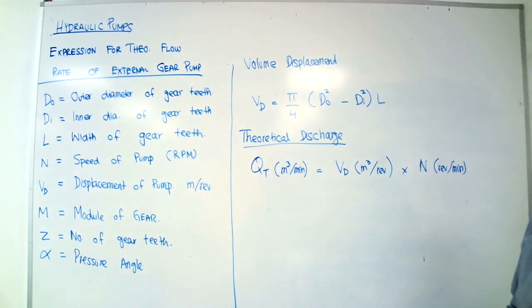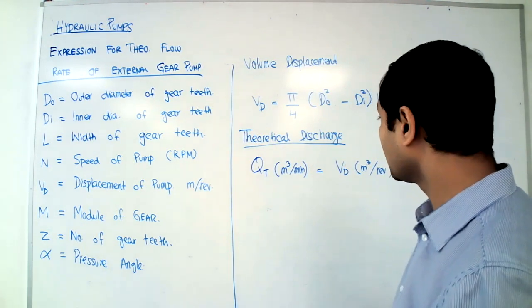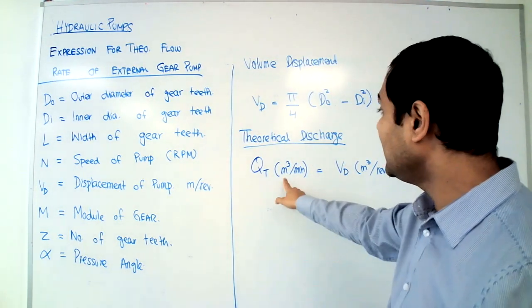So this is how we find the theoretical discharge. What's the final unit for that? Meter cube per minute.